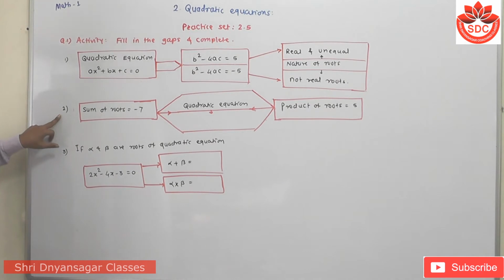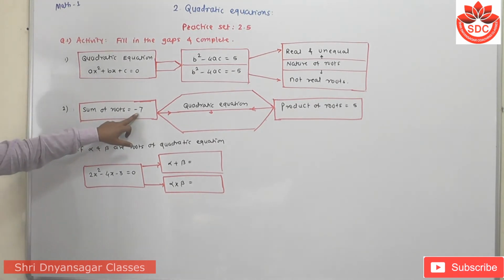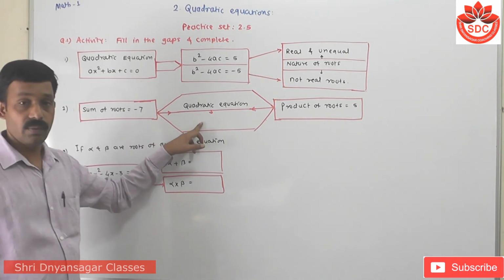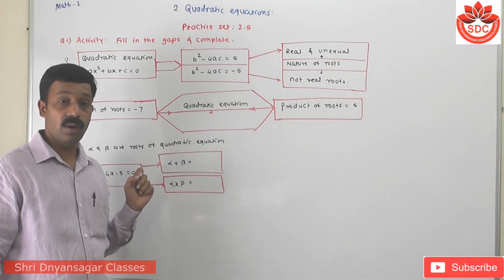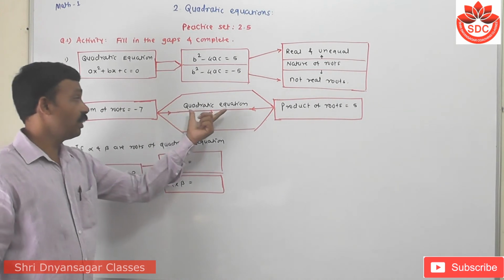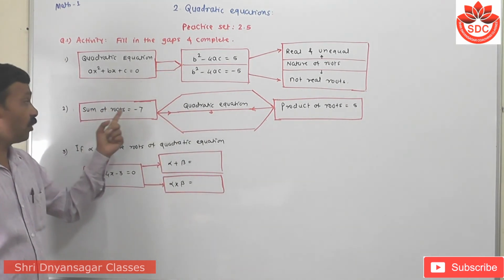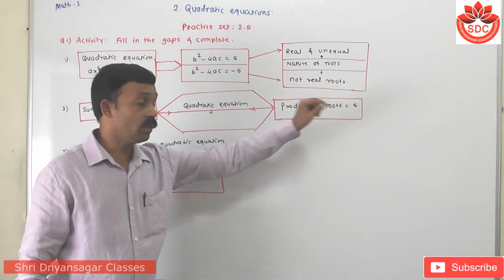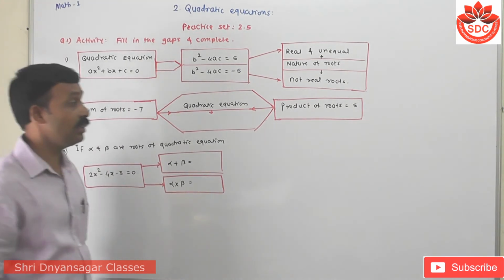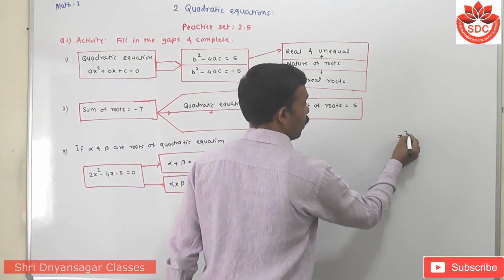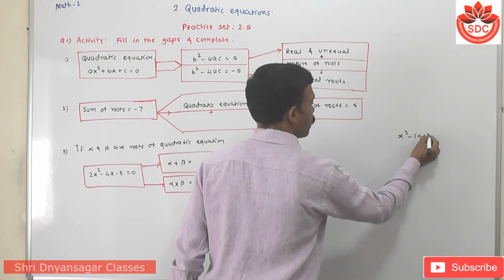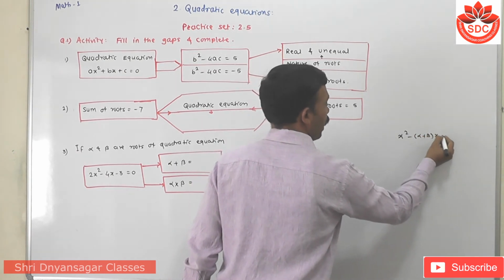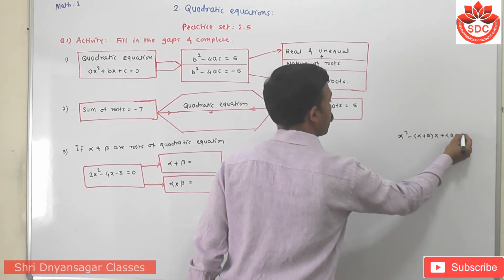Then the second one is, the sum of the roots is given as minus 7. Then here we write the quadratic equation. All of you know the formula to find the quadratic equation, if the sum of the roots and the product of the roots are given: x square minus sum of the roots into x plus product of the roots is equals to 0.